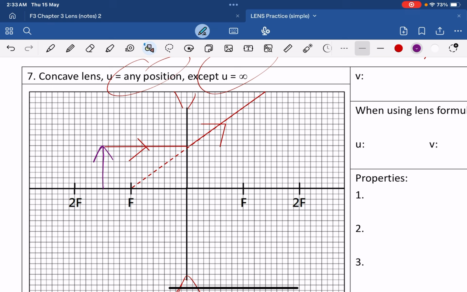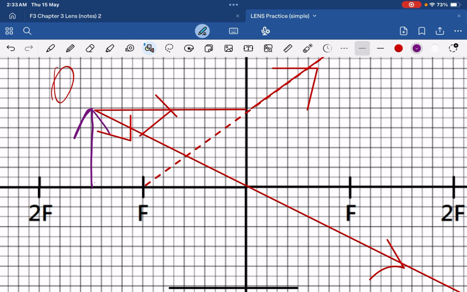And we need to draw another light ray coming from the object here. Okay, it enters the center of the lens like this. So the intersection point will tell you the location of the image.